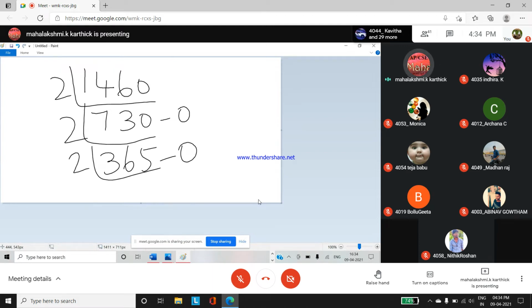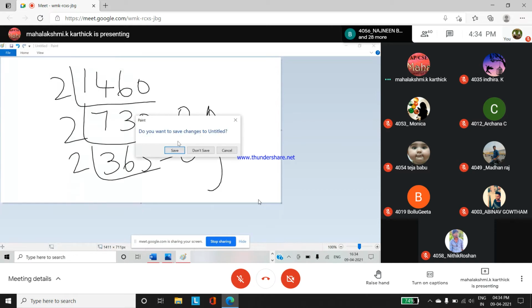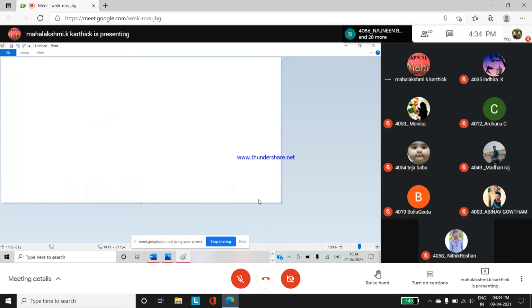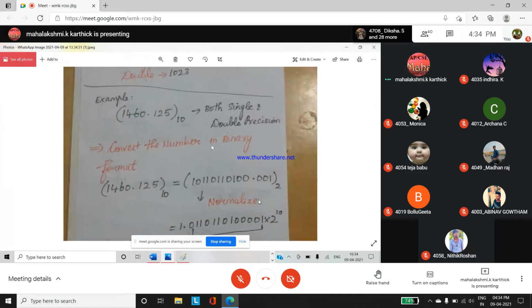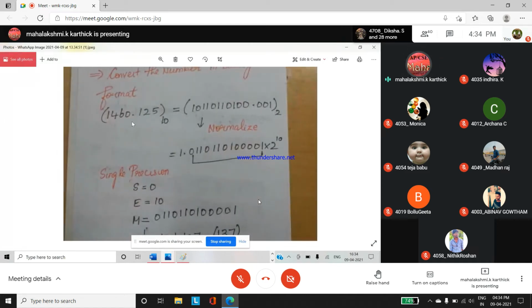So I'll just set a sample. Then whatever value you are getting, you have to replace it here. This you have to do for 1460. Are they all trying that value? Then you have to find it for 0.125 into 2.